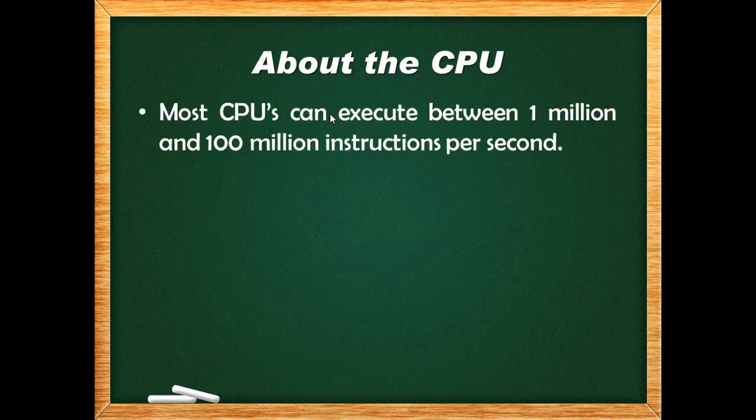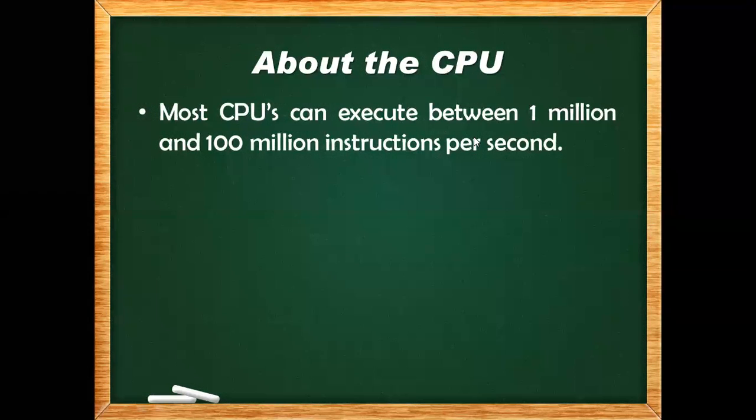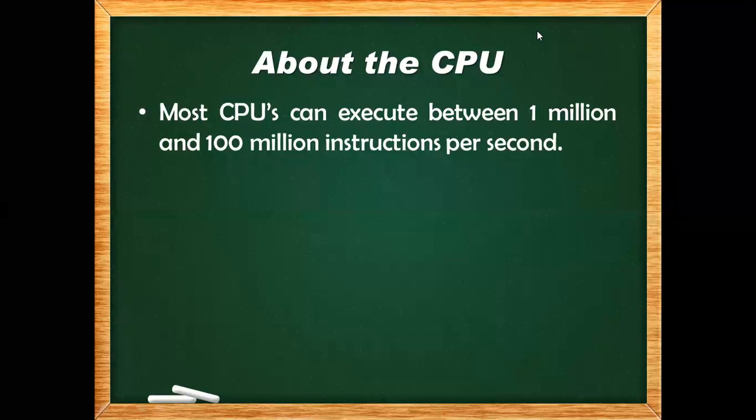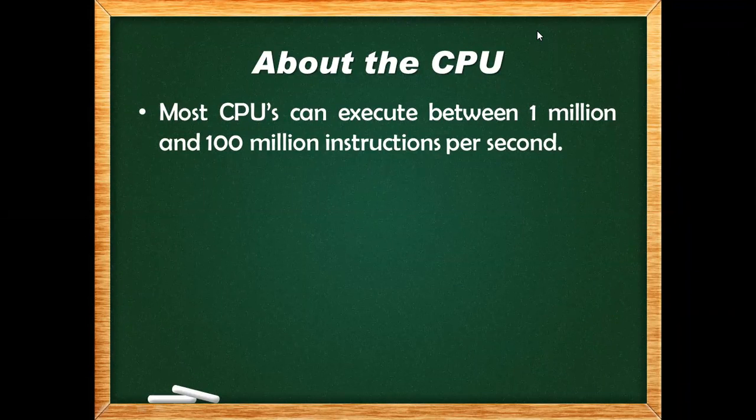Before going towards page 20, one thing I want to say to you, which is also mentioned in your book. Most CPUs, most central processing units, can execute. Execute means running.